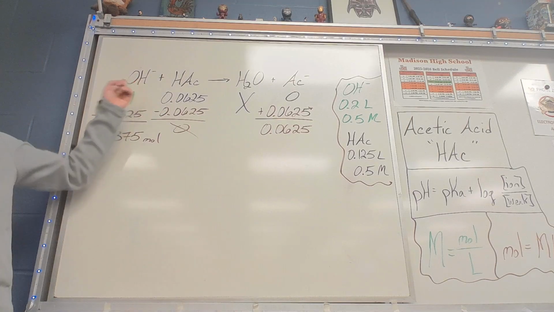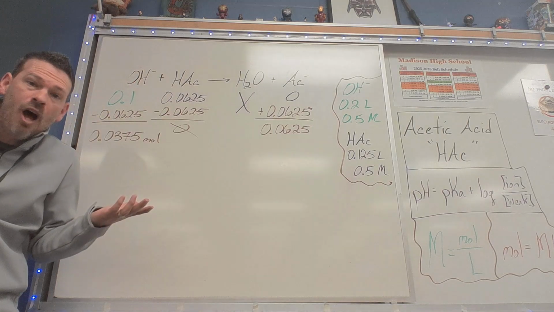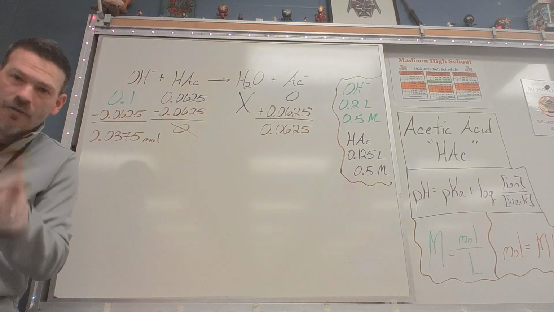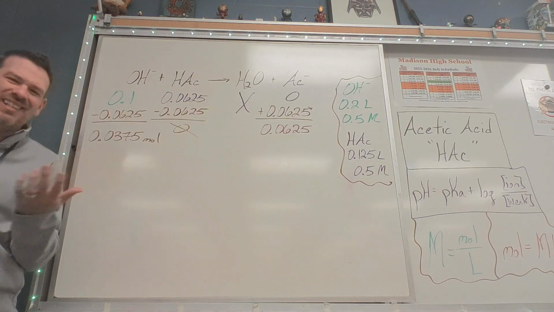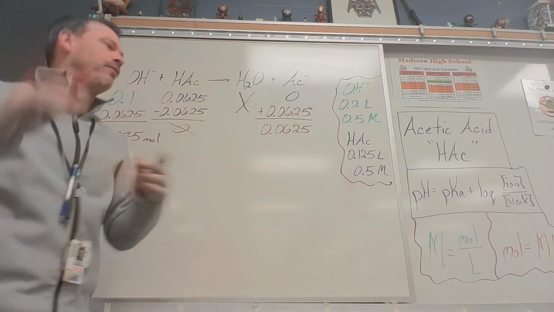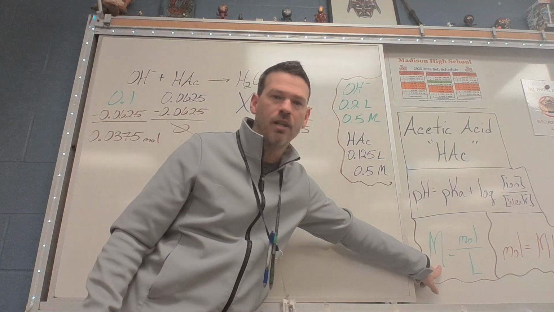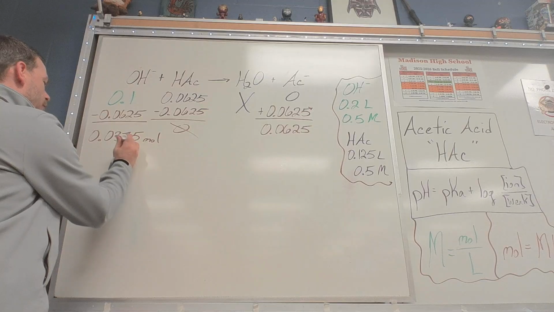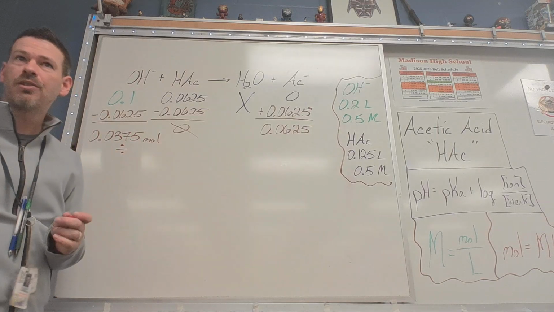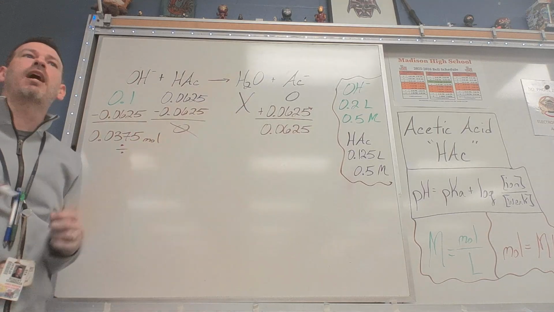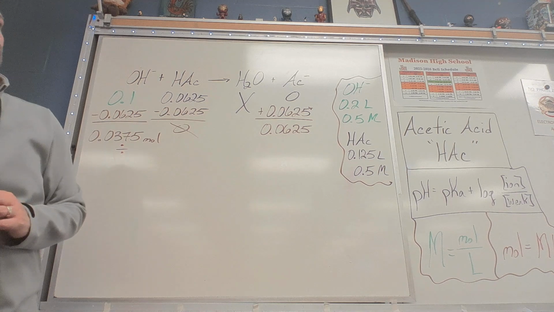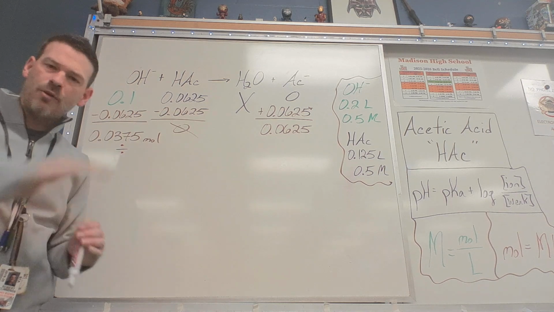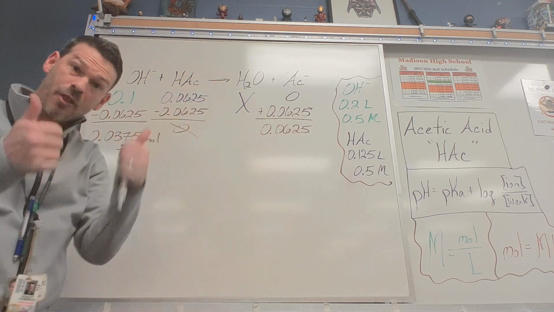Look what we have. Strong sample, negative log of a molarity. We don't have a molarity. It's easy to get. But it's got to be negative log of a concentration. Moles over liters. What's the volume? Careful. It was 200. They dumped in 125. 325.